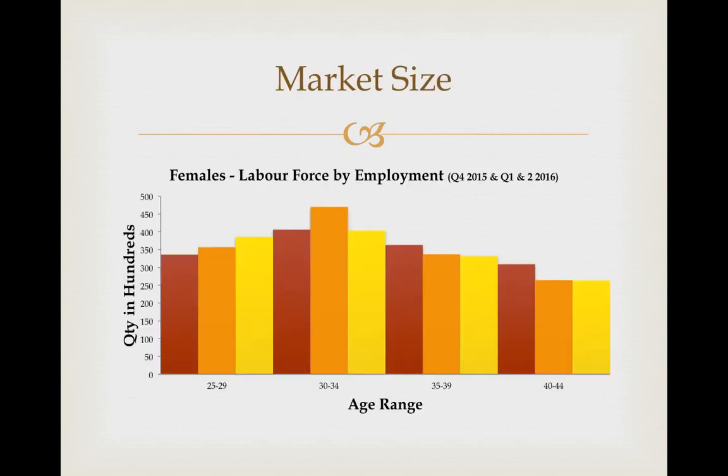So the market size. Based on our findings from the CSO, we look at our targeted market, which is between the ages of 25 to 44-year-olds in the working environment. We can see that the females fluctuated. We started at 2015 quarter 4 based on the information we received, and it ended at quarter 2 2016. You can see the fluctuation of the labor force by the female 25 to 29-year-olds.